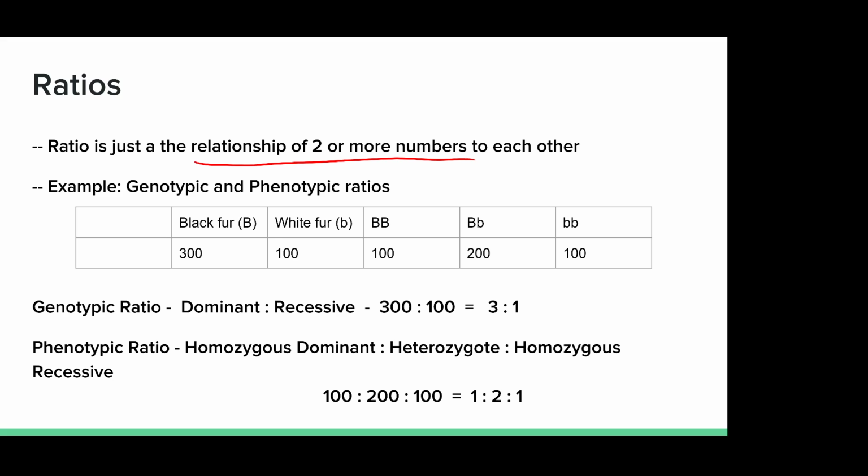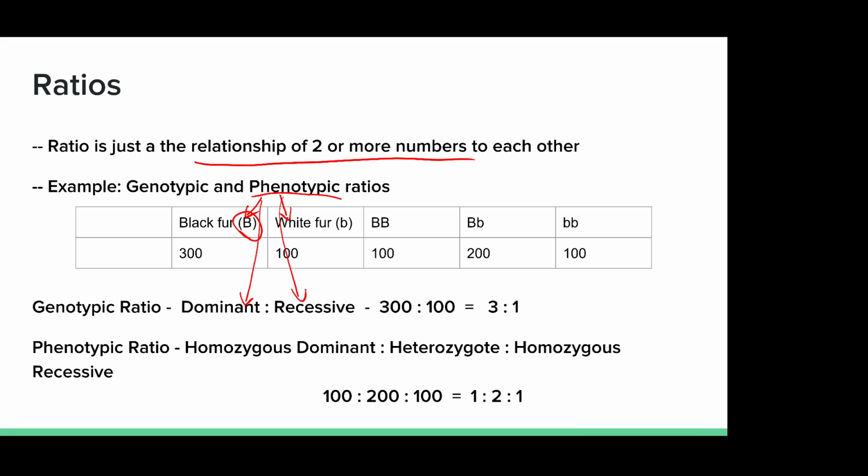So you may remember from Mendelian genetics, we had genotypic and phenotypic ratios. We'll start with phenotypic because it's the easier of the two. A phenotypic ratio is a ratio of the two phenotypes. In this case, it could be black fur to white fur, but because I indicated here the black fur is encoded by a dominant allele, I can also say it's the ratio of dominant to recessive.